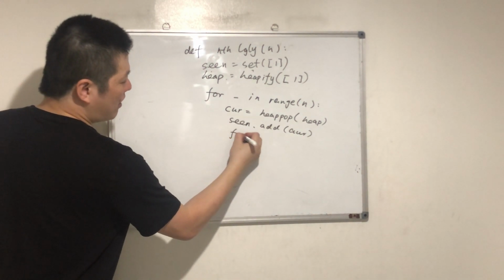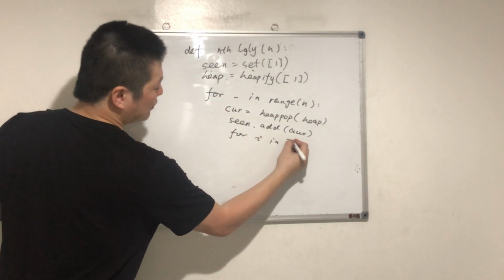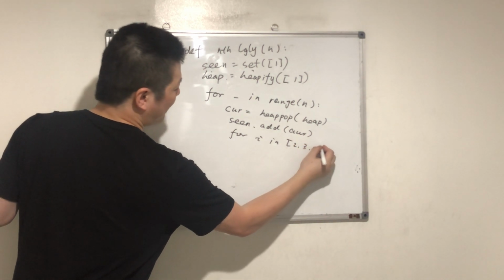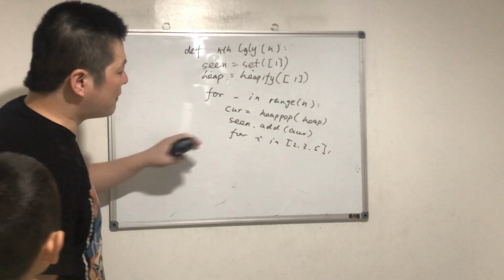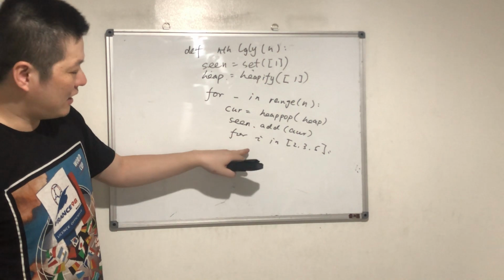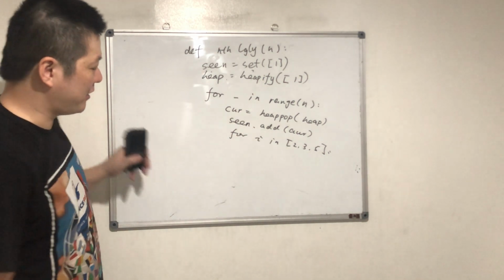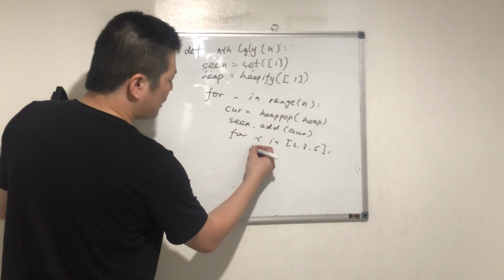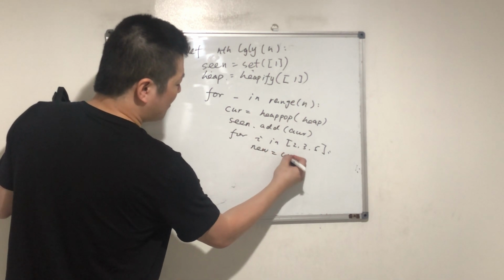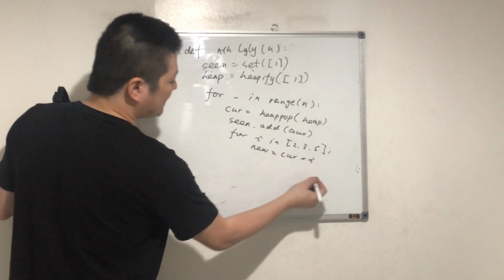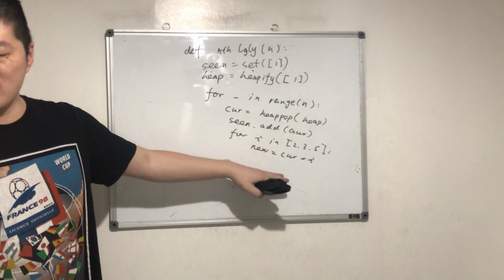Then for i in 2, 3, 5, I need to multiply the current by the value. New equals current times i. So this is the new ugly number.